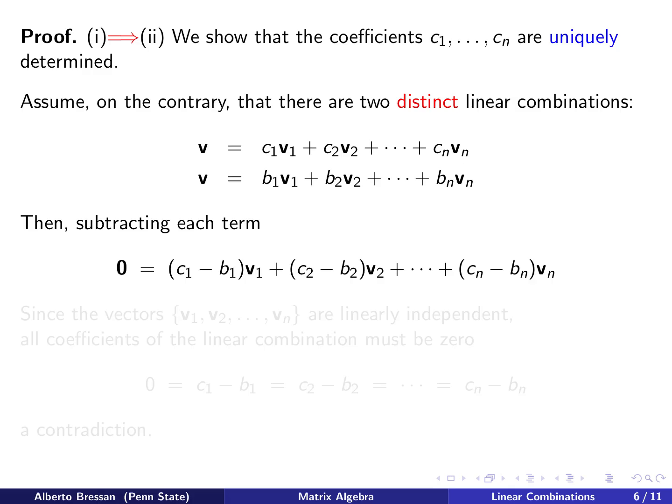Then I can do a subtraction, and after that I can combine similar terms. So the left-hand side becomes 0, and on the right-hand side for each V, I will just subtract the coefficients. So I'll have C1 minus B1 here, and for V2, I'll have C2 minus B2, and so on.